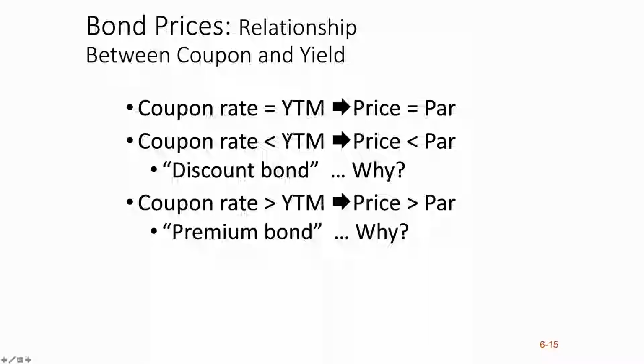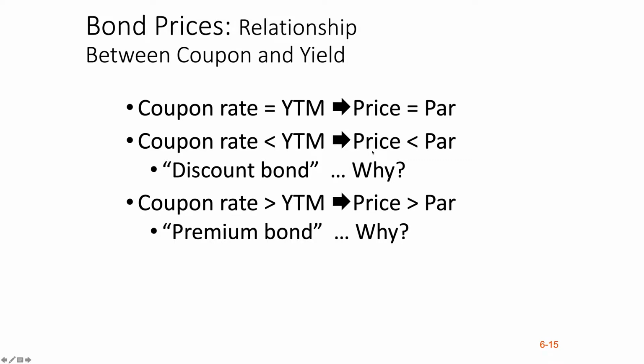When yield to maturity equals coupon rate, the price equals par, meaning 1,000. On the other hand, after you issue, after 6 months, since the coupon rate cannot be changed, if the market rate, the yield to maturity, goes up, then the price will be below par.